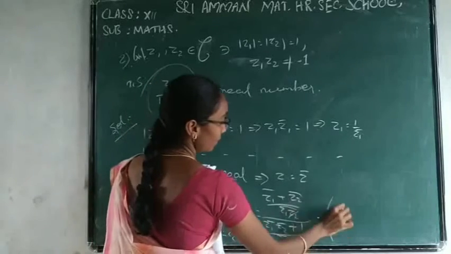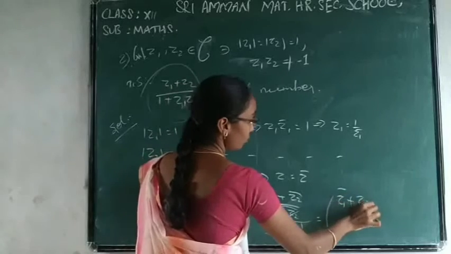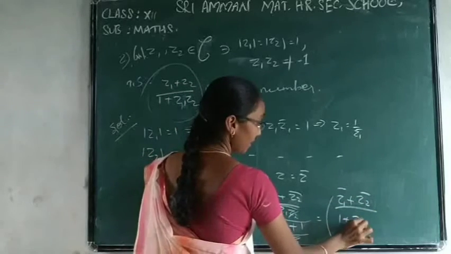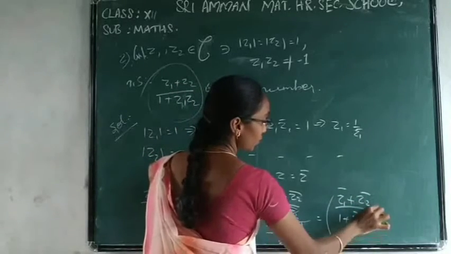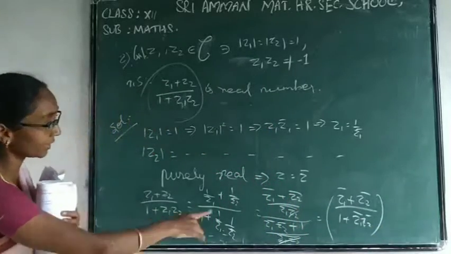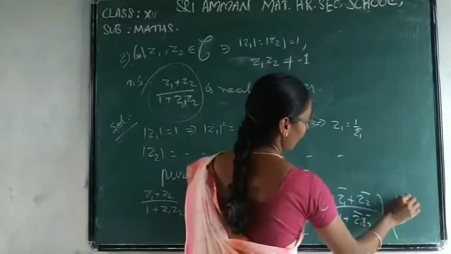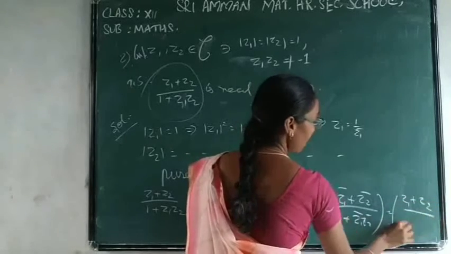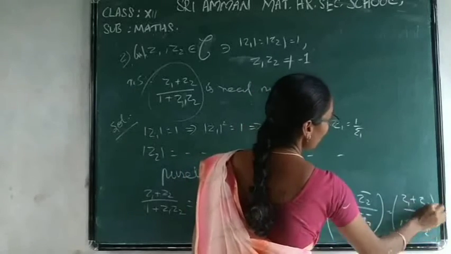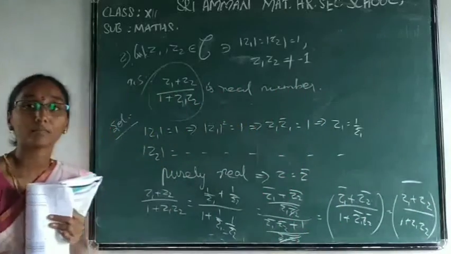Cancelling this, z1 bar plus z2 bar divided by 1 plus z1 bar z2 bar. So this is the whole bar of z1 plus z2 divided by 1 plus z1 z2.